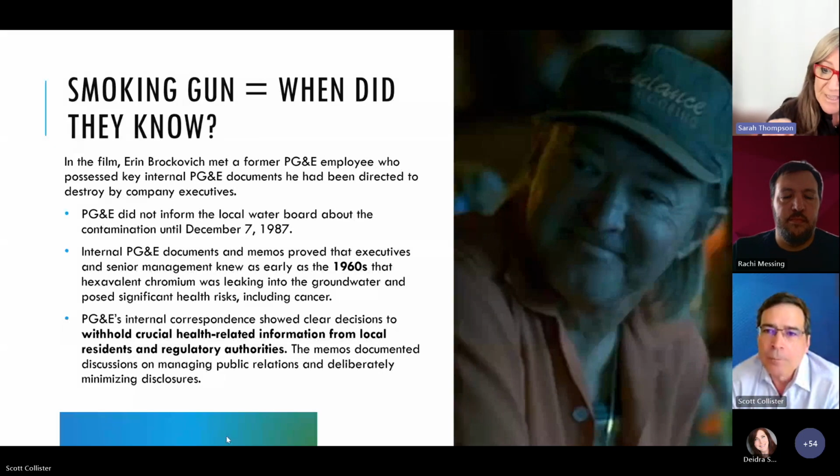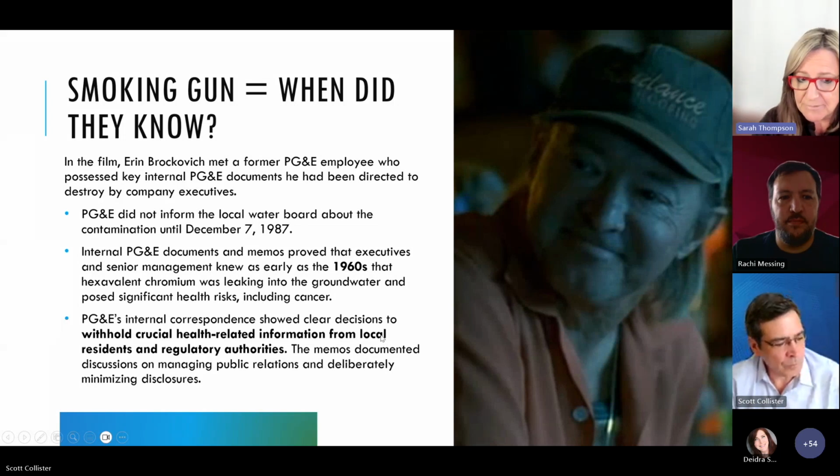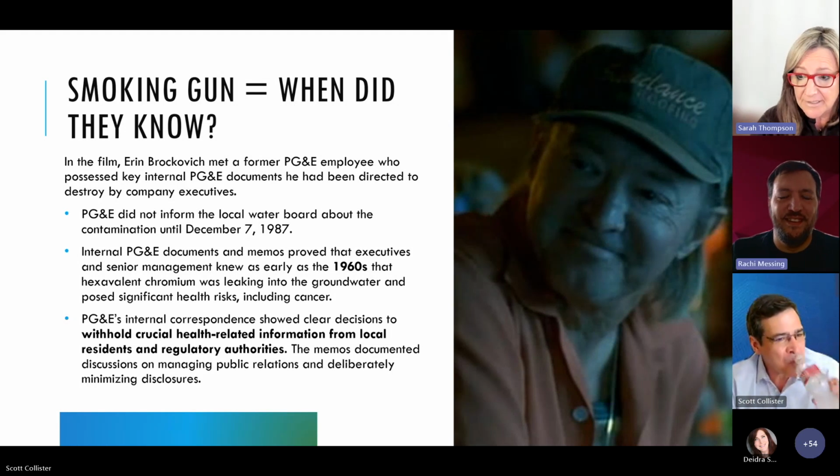In the movie, their case rests on this creepy guy coming up to her in a bar, having hoarded some documents in his basement that he was supposed to have burned. Those were key pieces of evidence. In real life, I'm not exactly sure that's how it went, but let's say this was the case.